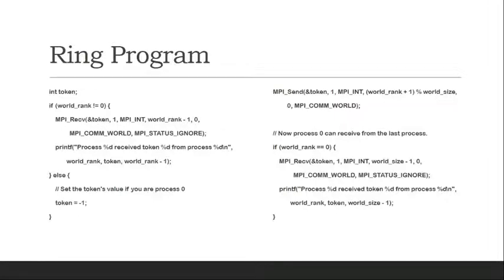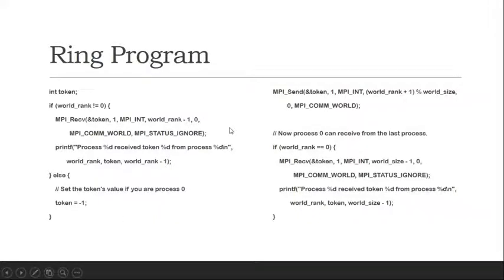To tell in detail, the first process, that is process 0, sends its information to process 1. Then it sends it to process 2, and then to process 3 and then to process 4. And when it finally receives the information from process 4, that's when the program comes to an end. And that's a successful completion.